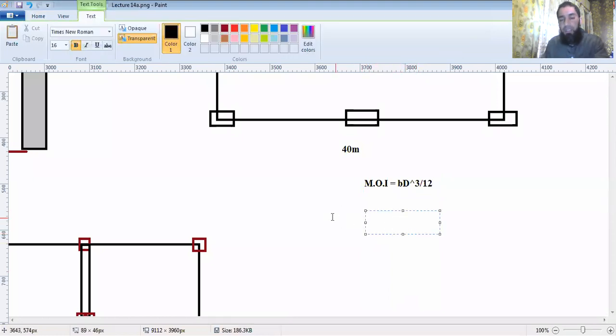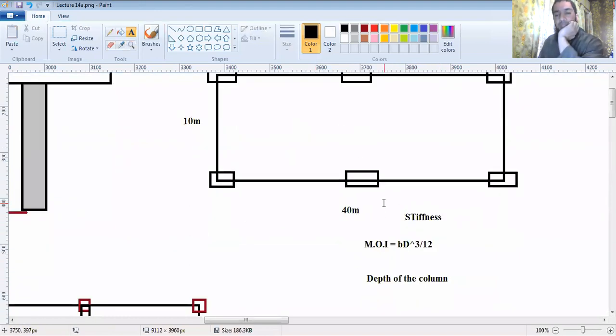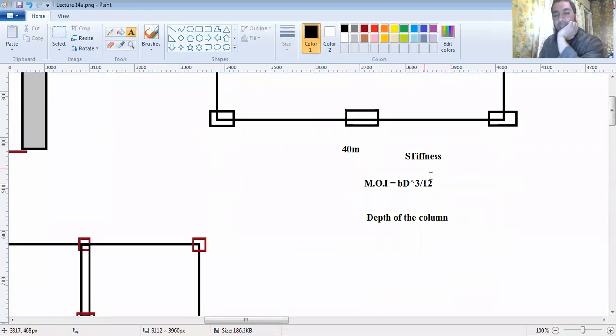In that case, your depth of the column, why are we calculating the moment of inertia? I discussed this when we were talking about the beams, that it depends on the stiffness. Now these columns are offering stiffness here in this building. So the dimension of the column would be decided by this formulation, BD cube by 12.